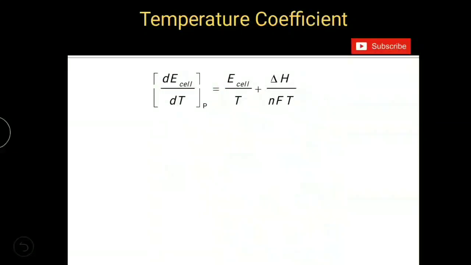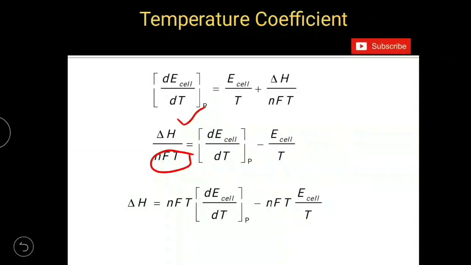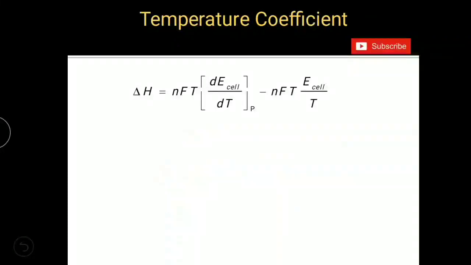From this expression, you can find out the formula for enthalpy change of cell reaction. To get that, we need to move the remaining term E cell by T to the other side. Then you will get the expression like this. To get the delta H value, this equation should be multiplied with nFT. Then the equation becomes delta H equal to nFT into temperature coefficient minus nFT into E cell by T. In this, you can cancel the temperature term.